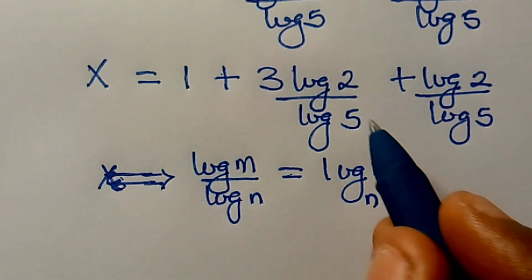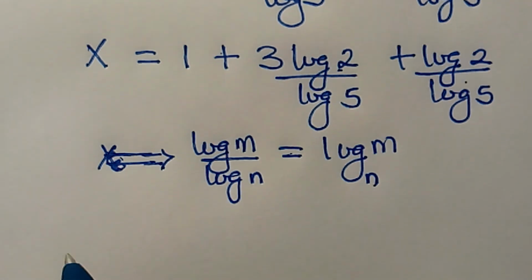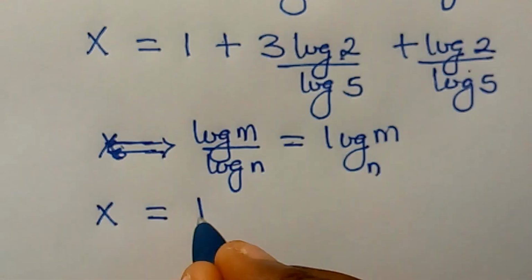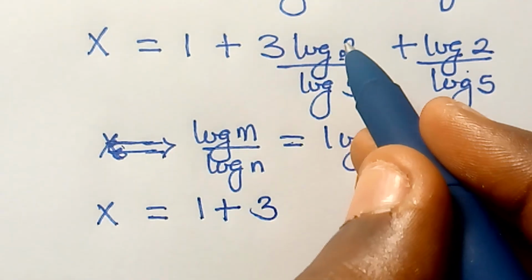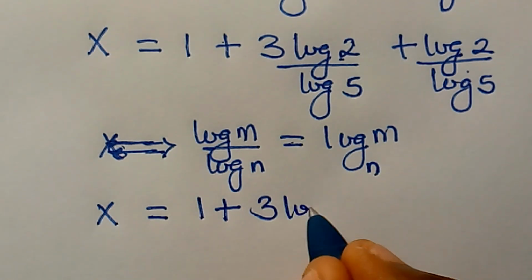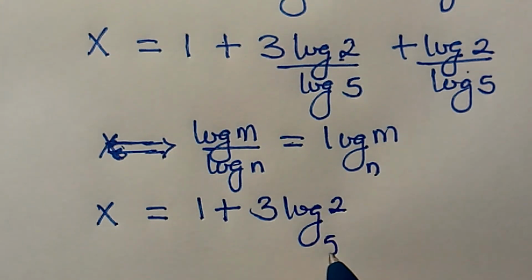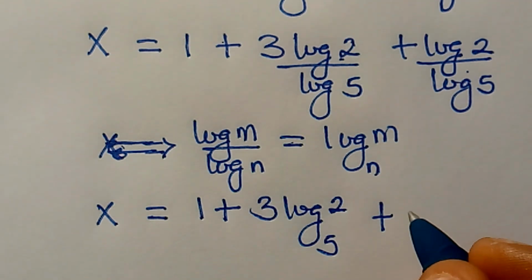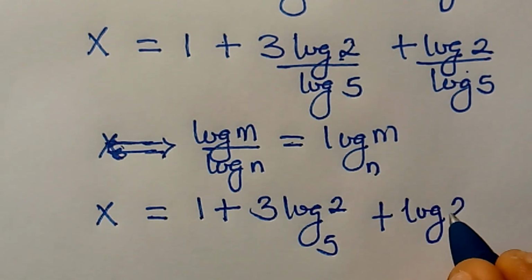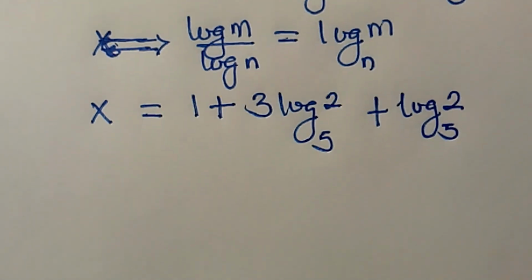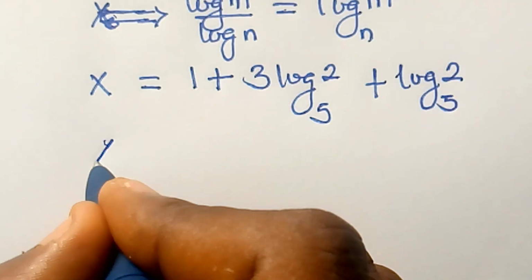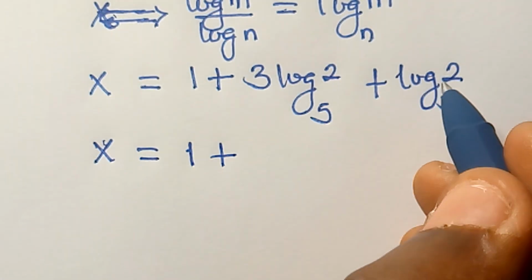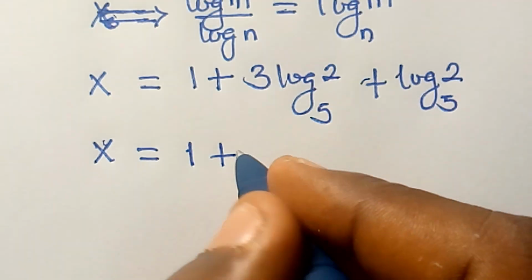Applying this to both terms, we will have x equals 1 plus 3 log 2 in base 5 plus log 2 in base 5. All right, so now if we look at here and here, we have a common factor, which is log 2 in base 5.